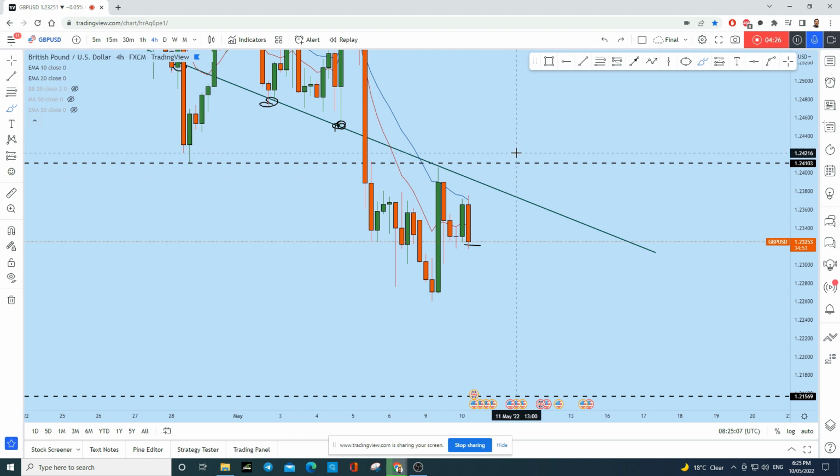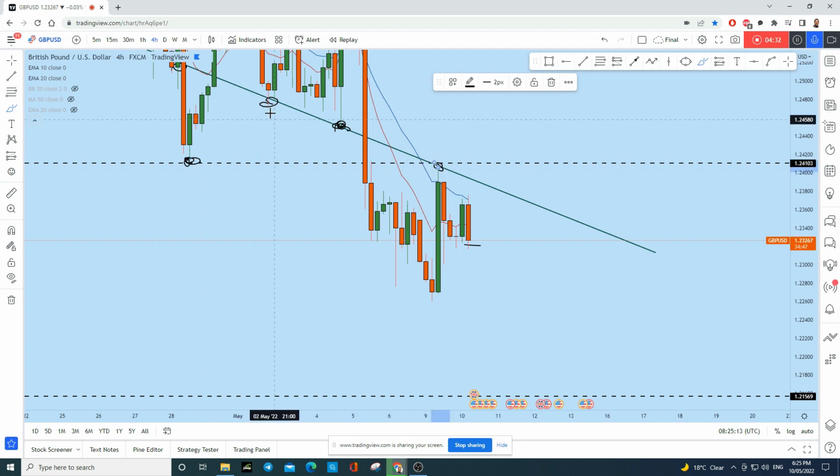This double top formation has also happened in an important area of value where there is a support tested as a resistance, and this trend line tested as a resistance, which can be a good trading opportunity for shorting GBPUSD from this liquidity zone.